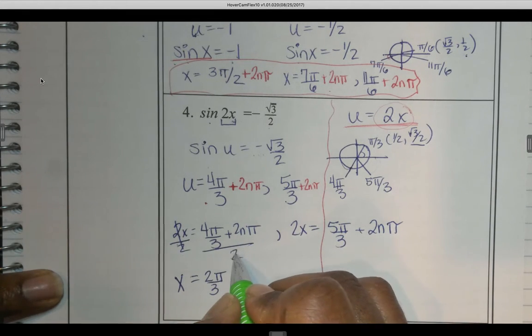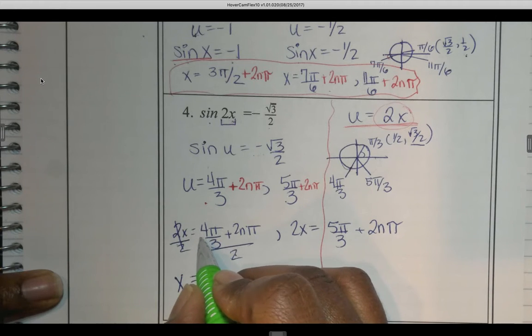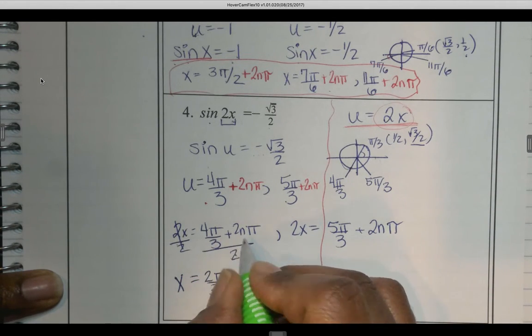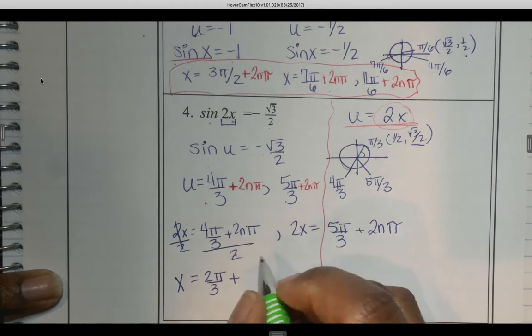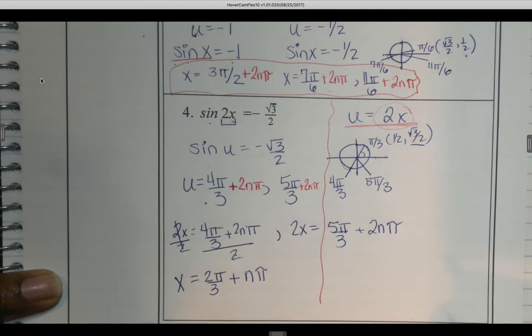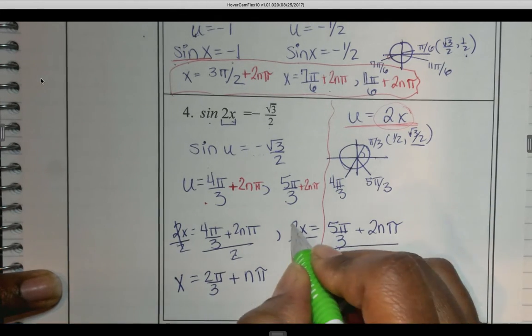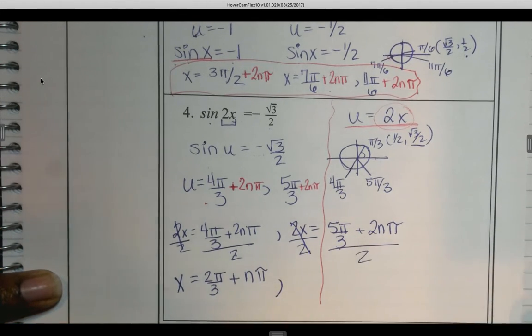Or, sorry, divided by 2, it's like times 1/2. So yeah, it's 2 pi over 3. And then plus, when I divide here by 2, I get n pi. And I'll do the same thing here. When I divide by 2 on both sides, I end up with my other answer for x. We'll put here equals 5 pi over 3 divided by 2 is the same as 5 pi over 3 times 1/2.